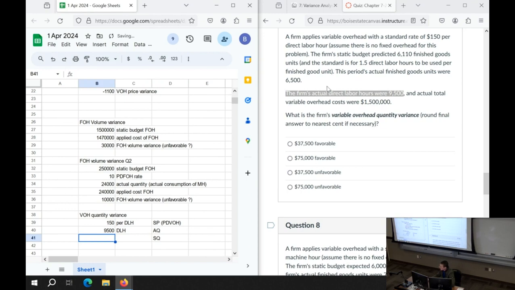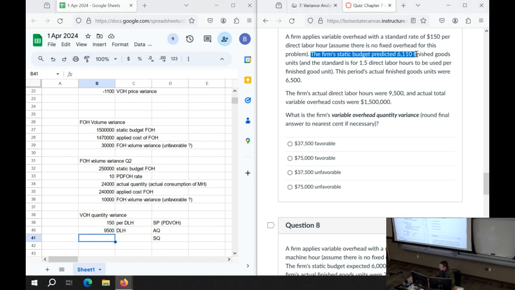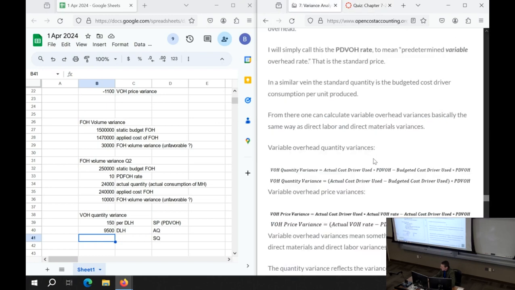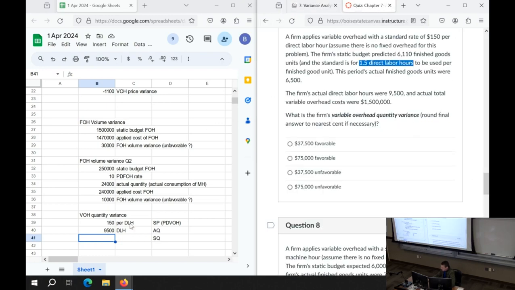So here's where the professor's trying to trick you, that mean old professor. Static budget 6,110 times 1.5 will give you a certain number, probably definitely the wrong one, and it will match the wrong one down here probably. We need to take our actual finished goods production and multiply that by direct labor as our standard quantity for the flexible budget. So we're doing the same thing as we would have done with the direct labor variance.